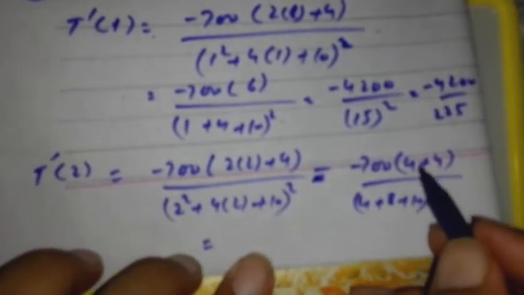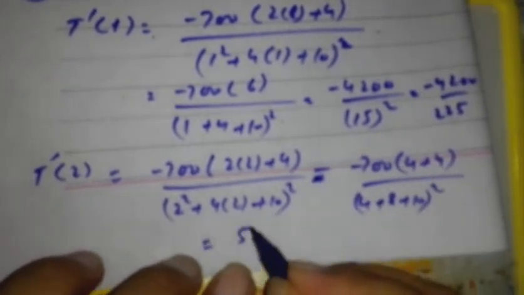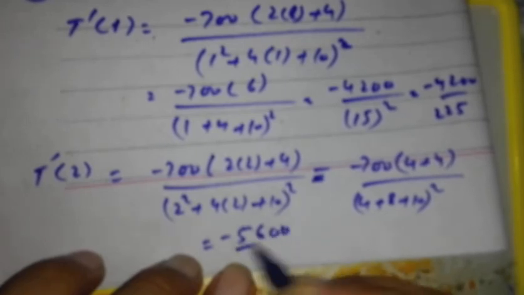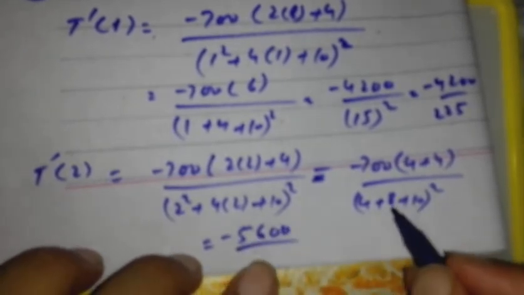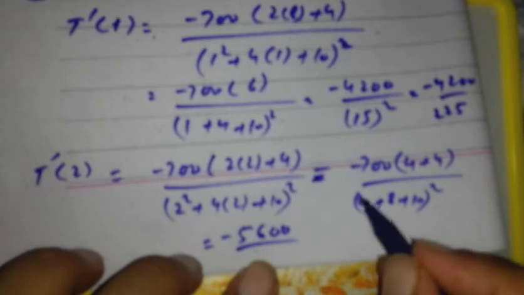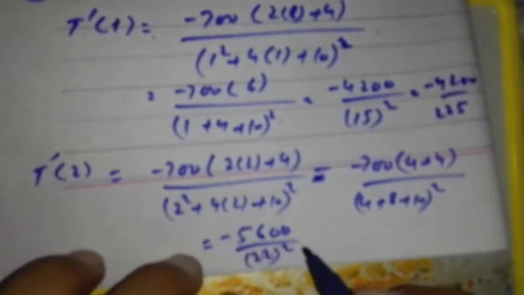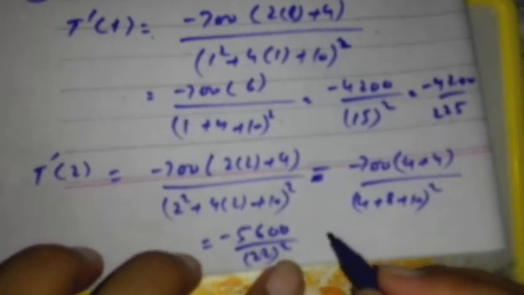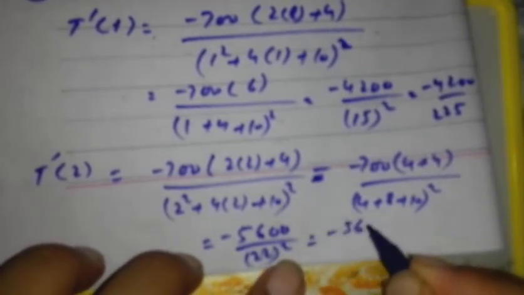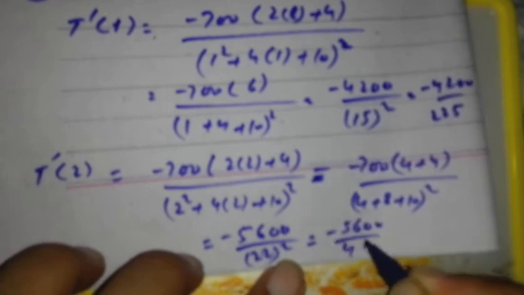Further, 8 7s are 56, minus 5600 over 22 square, which is equal to 484. Minus 5600 over 484.